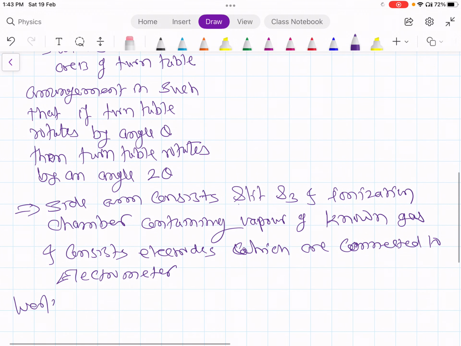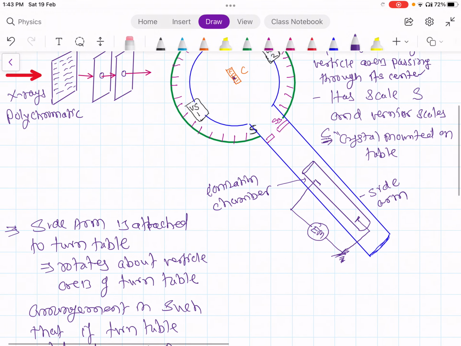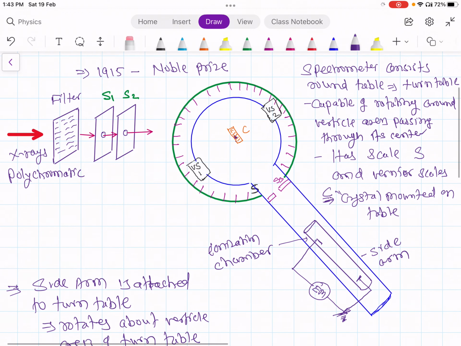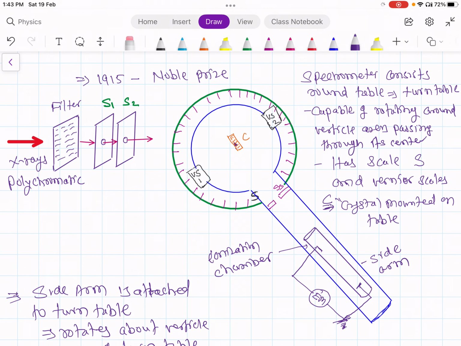Now let us see how it works, the working of this Bragg spectrometer. As I said here, X-rays are produced by the Coolidge tube. They are passed through the filter, and when they come out of the filter, we get monochromatic X-rays. Let me use another color.